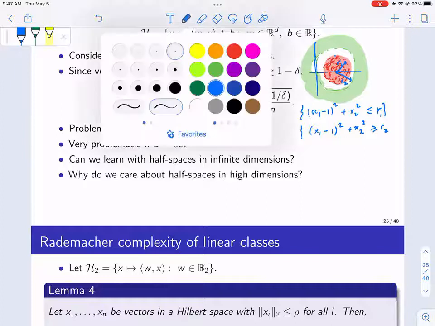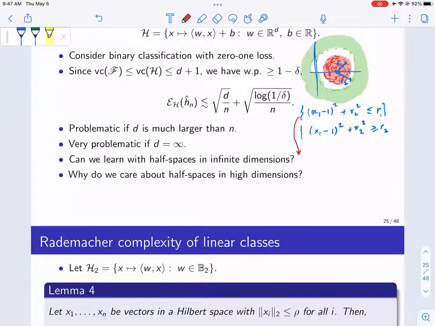So if I expand this, this would be, let's say, a x1 squared plus b x1 plus x2 squared plus c less than or equal to 0, right? And the other one is similar, but for a different c.